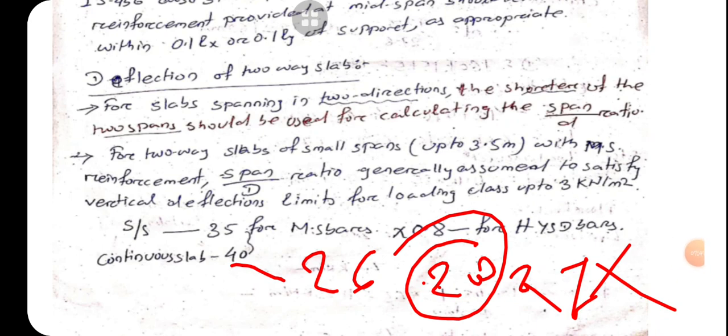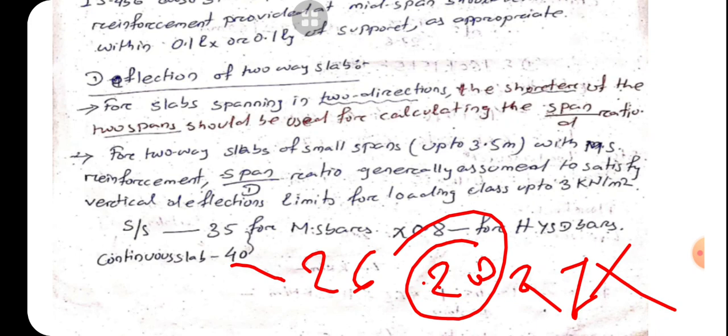Then after the deflection criteria, for designing two-way slab we will assume its effective depth based on its span by d ratio from deflection criteria, because the slab is critical in deflection.